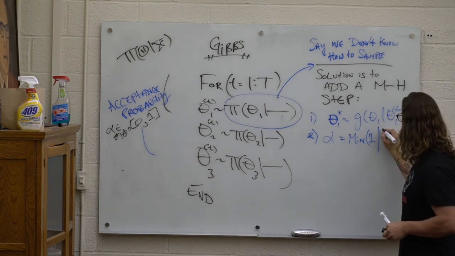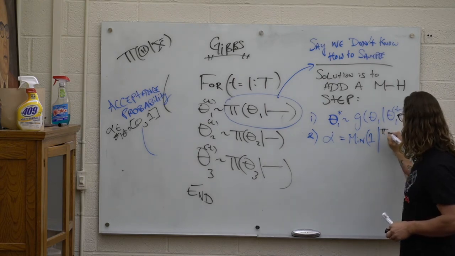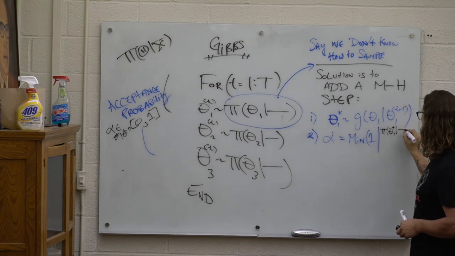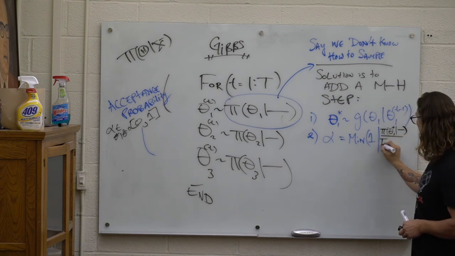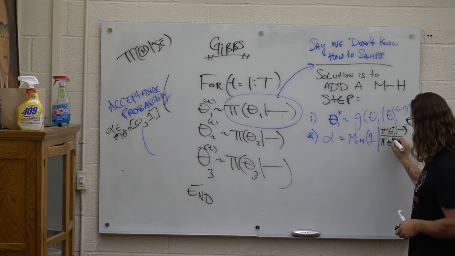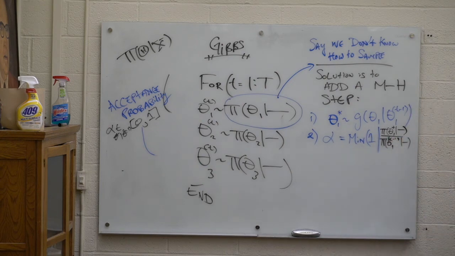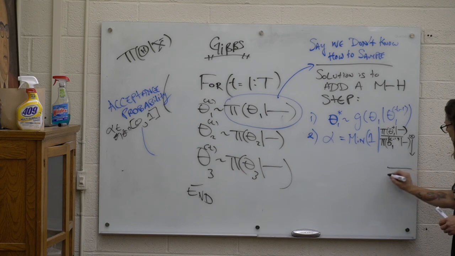So this is going to be pi of theta 1 star, given everything else, over pi of theta 1 at t minus 1, given everything else. So they're all conditional on the same thing. And then I'm going to multiply by, I'll just point out, these things are flipped upside down relative to the target.